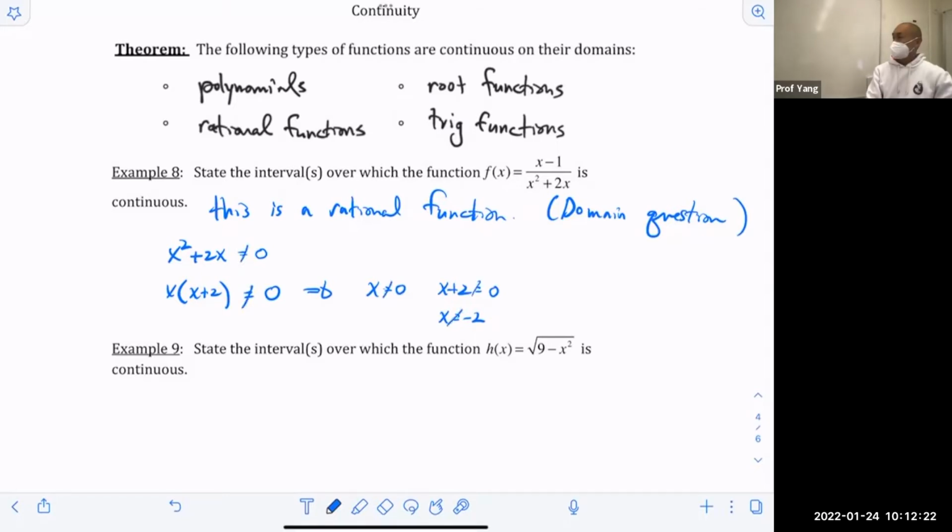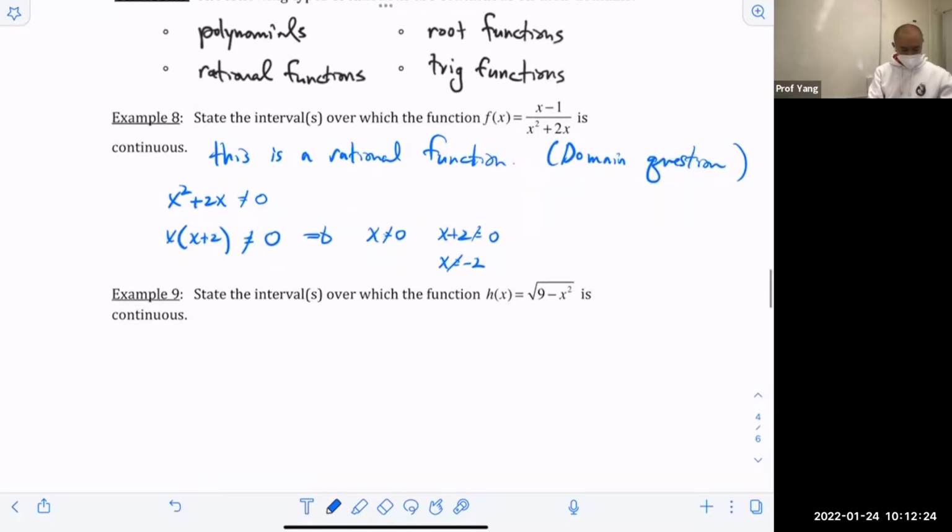Most students would take this and they would be like, oh, okay, I'll just leave it like this. But they're asking us to state the intervals. So what we want to do is write this in interval notation. If you were to draw a picture, this is your real line. Here's 0, here's 2.